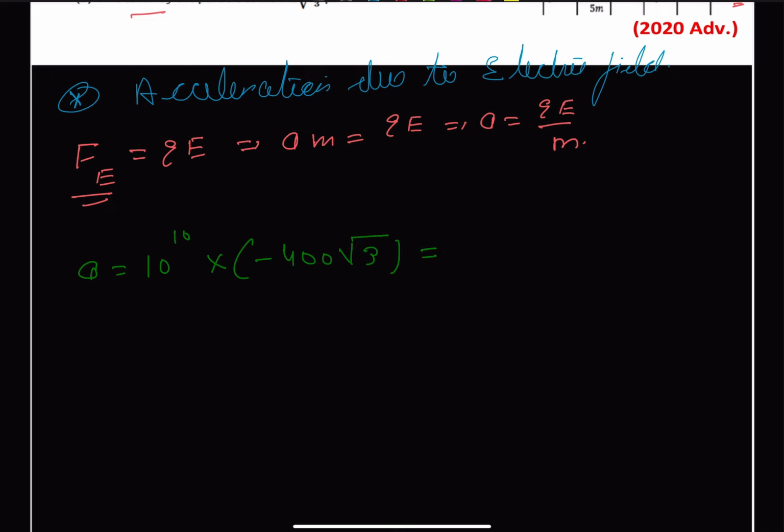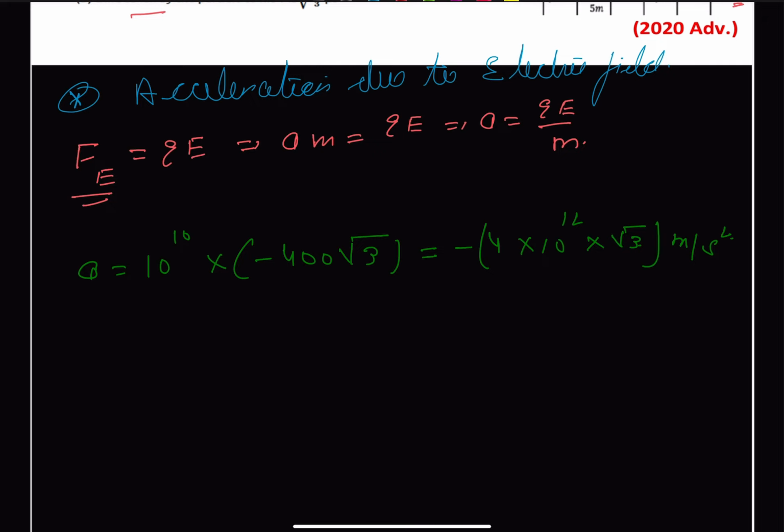So from here we get the acceleration will be equal to minus 4 into 10 raised to power 12 multiplied by square root of 3 meter per second square.